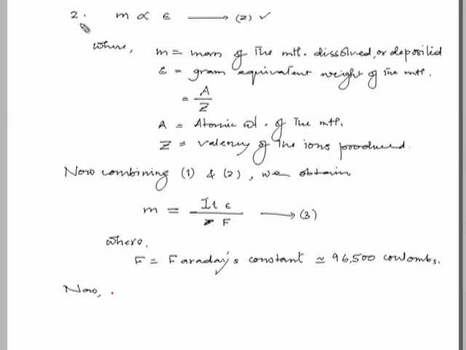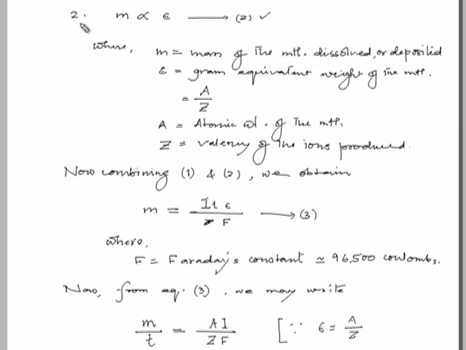Now, from equation 3, we may write m by T is equal to A I by Z F, since we already know epsilon is equivalent to A by Z. Therefore, this epsilon is being replaced here by A by Z. Here this term, m by T, is nothing but the rate of removal of material per unit time.